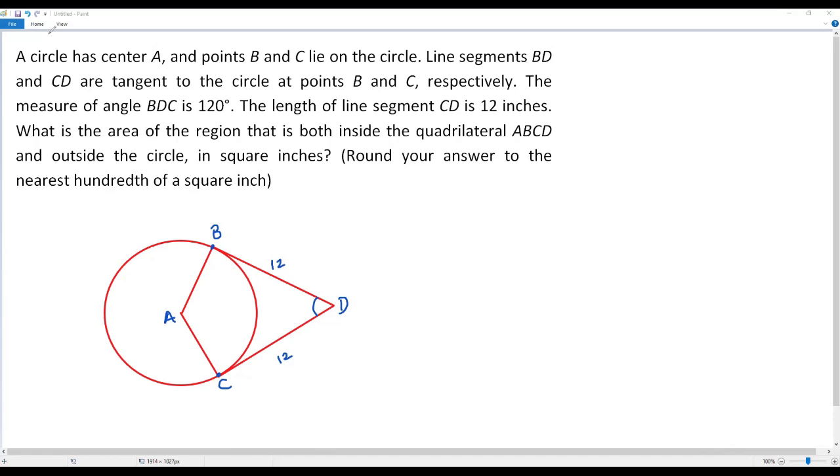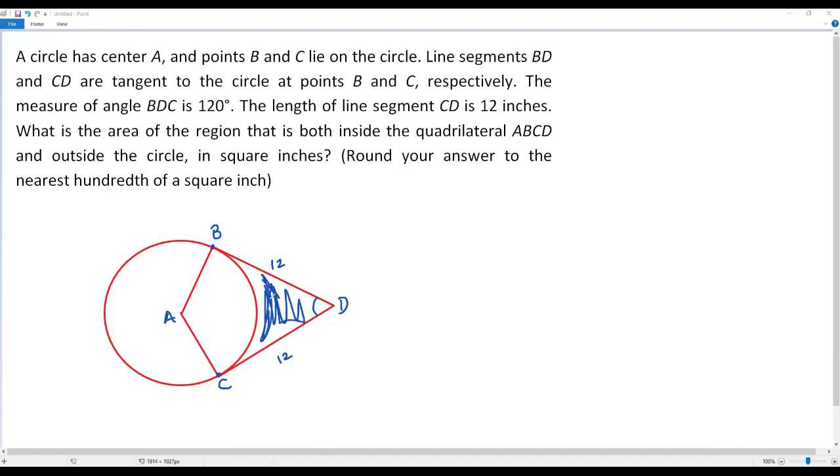Now let me consider the question: what is the area of the region that is both inside the quadrilateral ABCD and outside the circle? So this is the area we have to find.